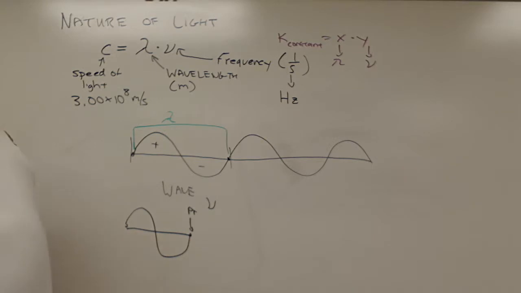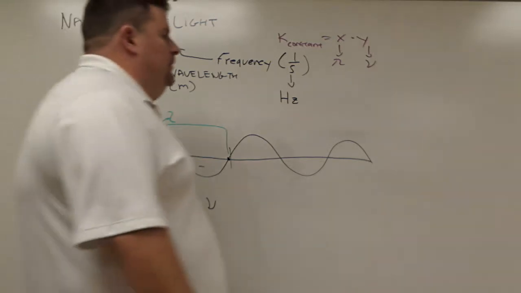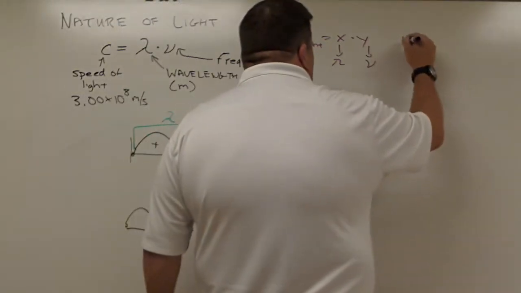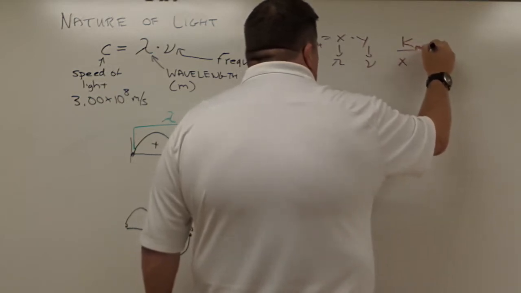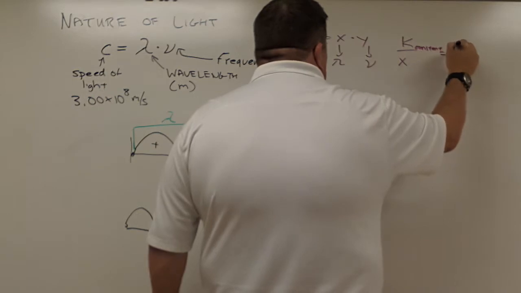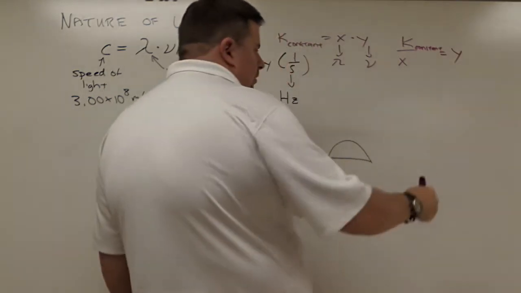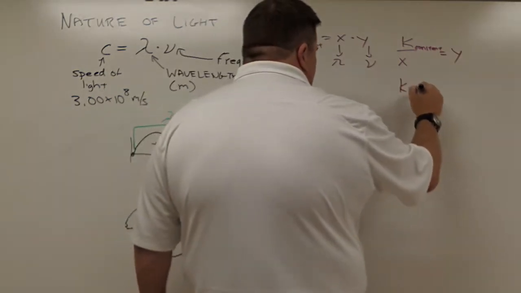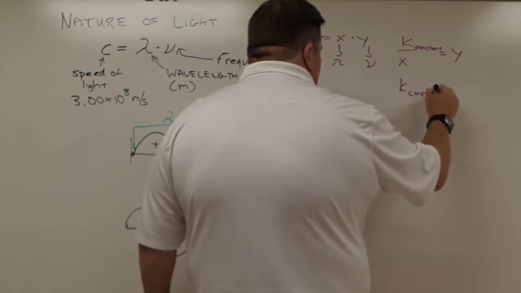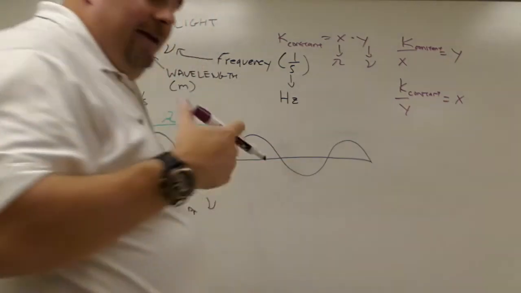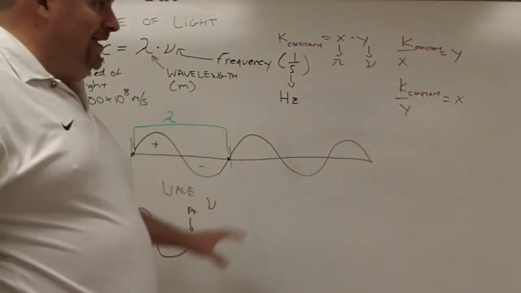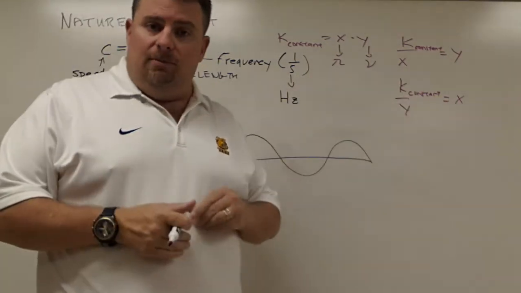Right? And notice that if I rearrange this equation, I can get k over x, and that's going to be equal to y. And I can also get k, the constant, over y is equal to x. So guess what? We can do that mathematically in the abstract here. We can do the same on the other side.